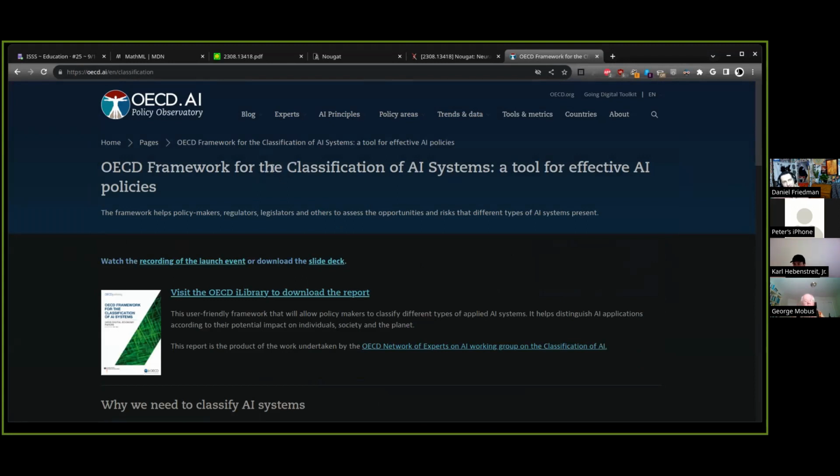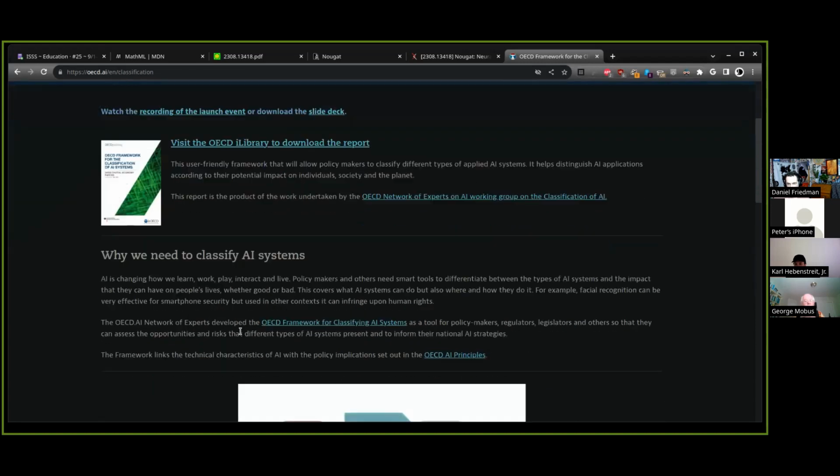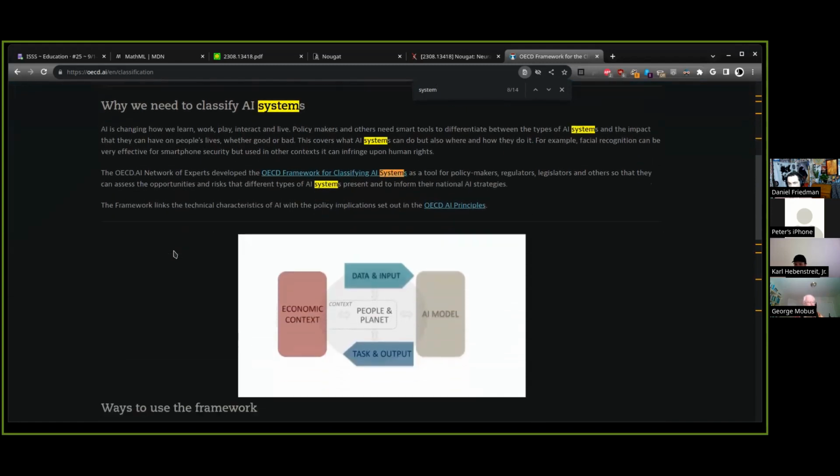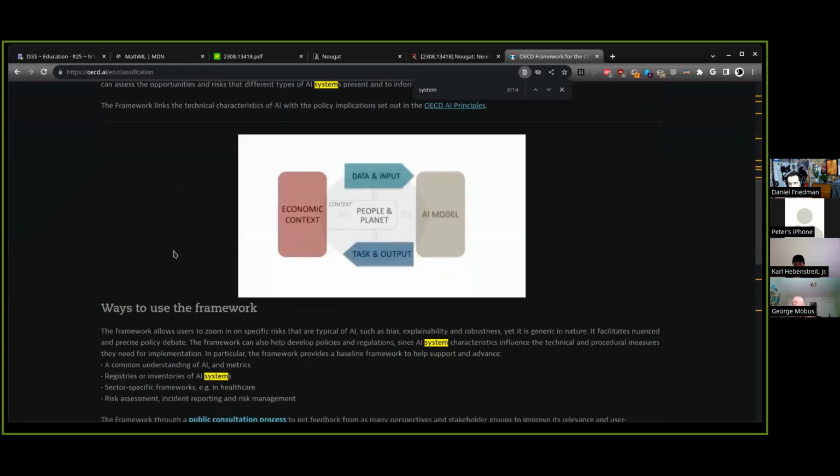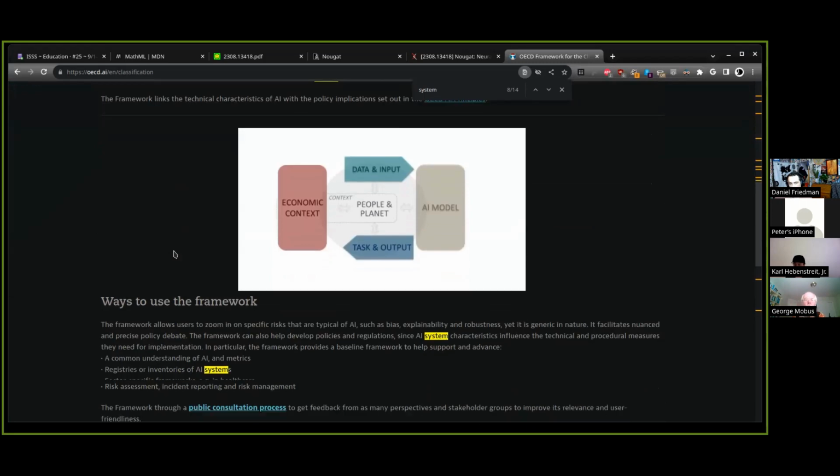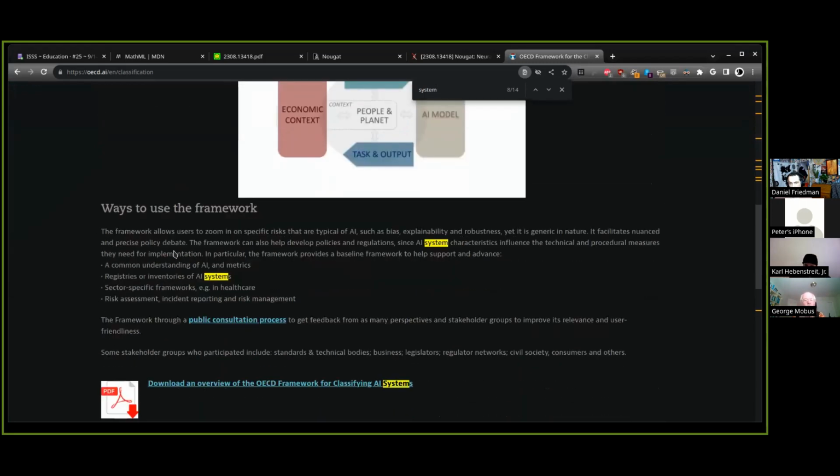Well, how about classifying them along qualities of systems? I think they're one of the groups that kind of funds stuff too, so that's a group we need to look at more. Maybe you guys know it more.